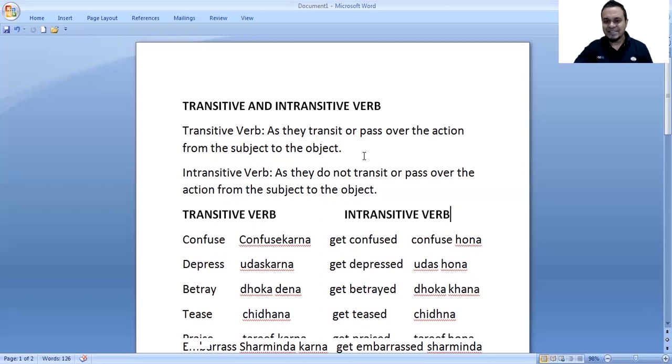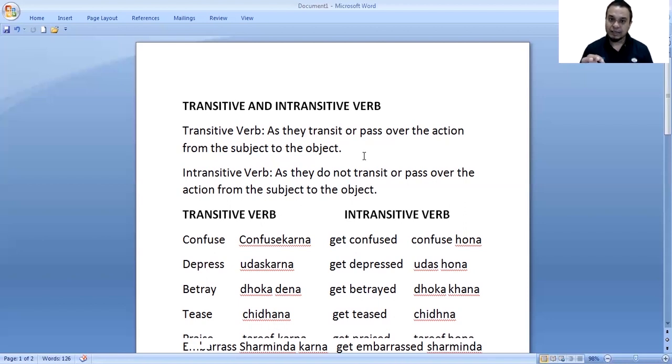So if you see me doing like that, you will think I'm crazy. If I have something, some money or a pen or a book, and then I am doing like that to someone, it shows that I am giving something to someone. Therefore, the action of giving is a transitive verb. I hope by now you have understood what is the transitive verb.